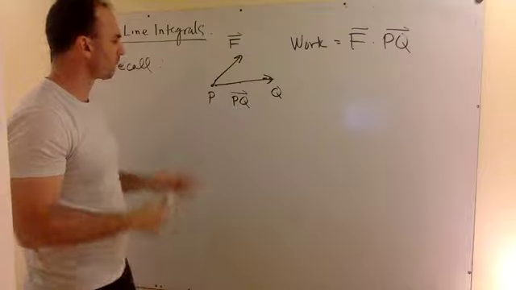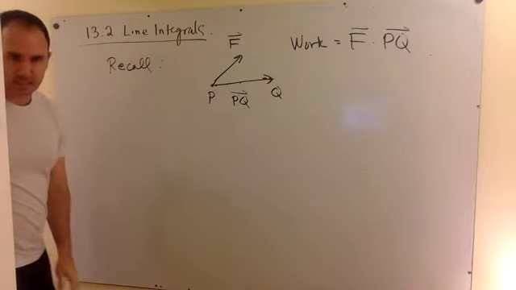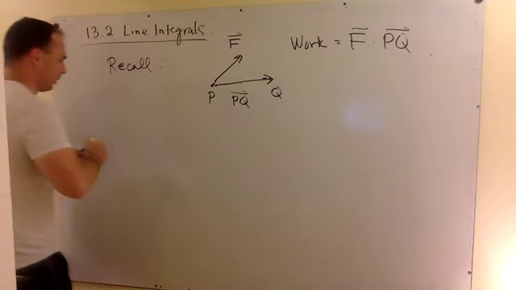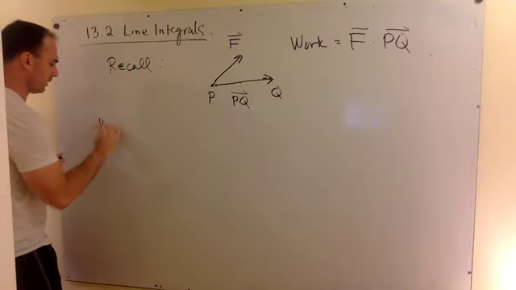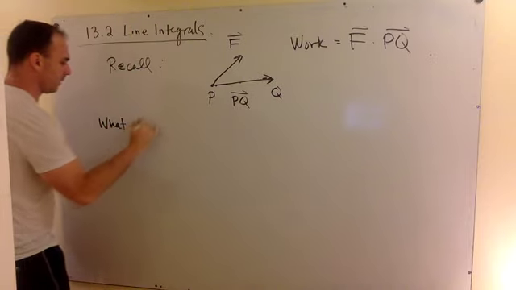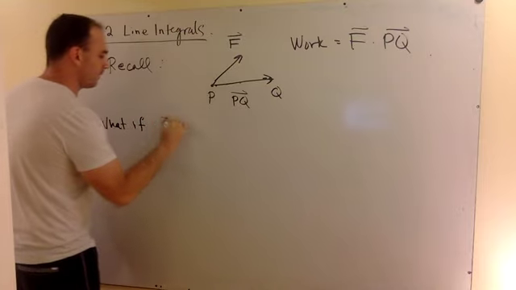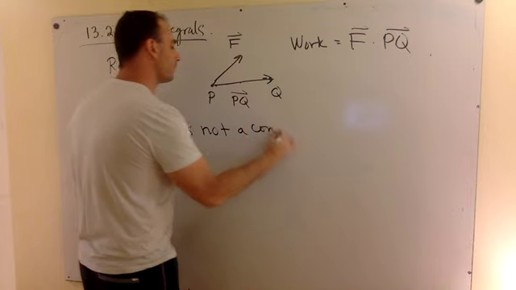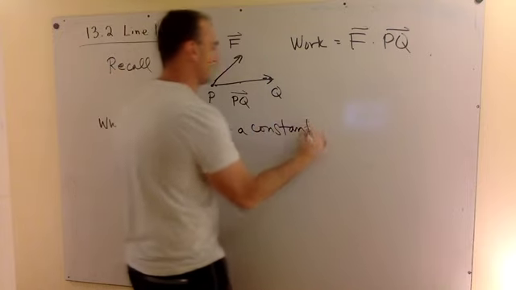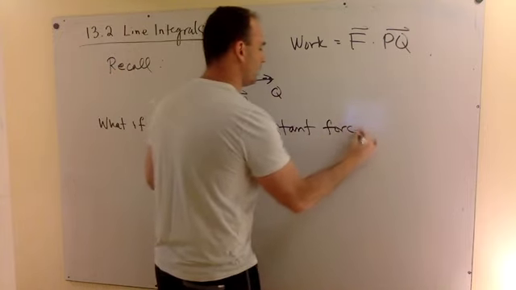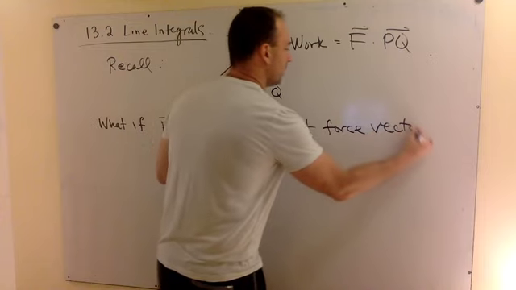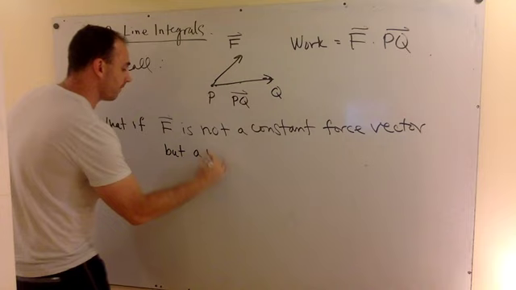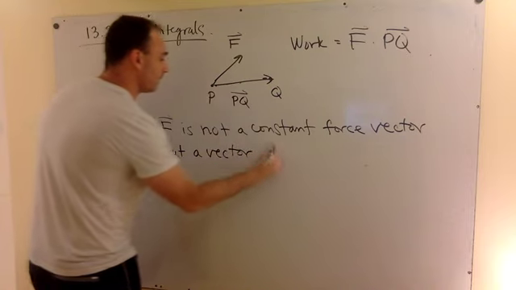This is a great idea and all, but what we're going to do is ask the following question. What if F is not a constant force vector, but rather a vector field?